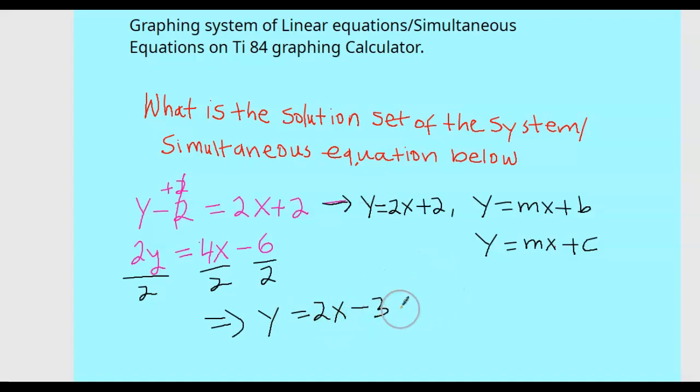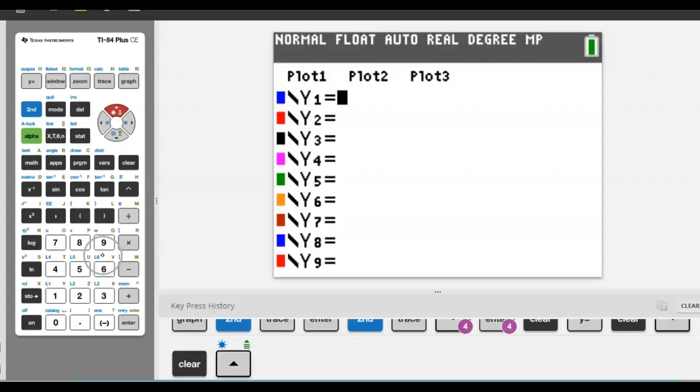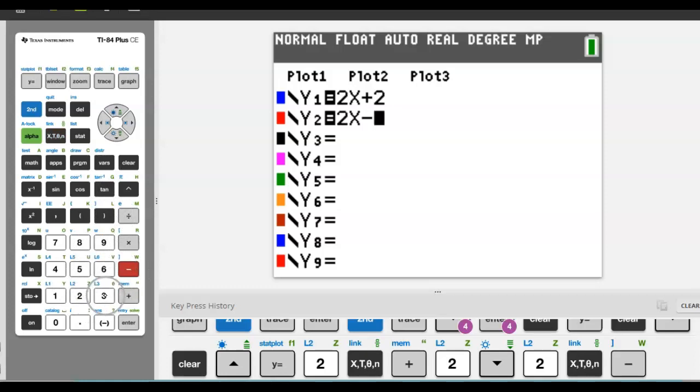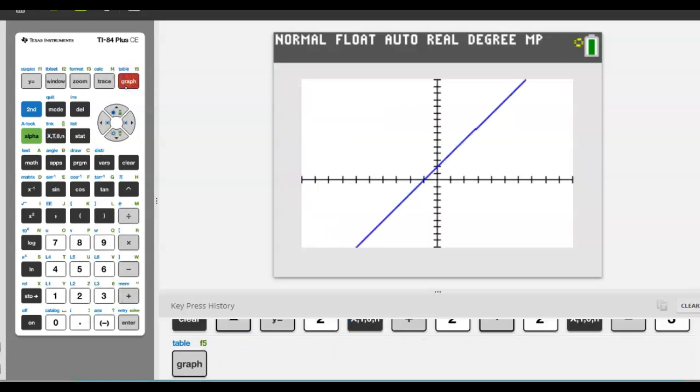We're going to graph these 2 equations. This becomes equation 2, and this is equation 1. So the first one, we go to our Y=, we put 2x plus 2, and on the second one we put 2x minus 3, and we graph it.